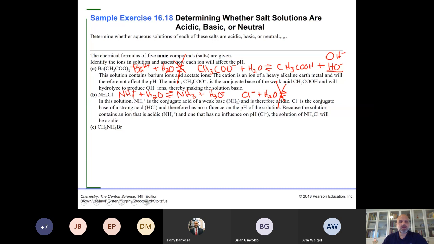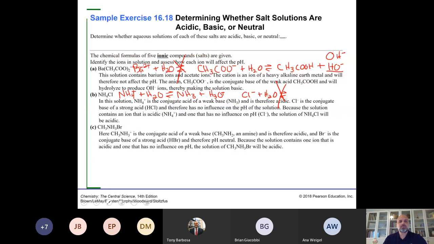All right, then we have methyl ammonium bromide. In this example, the CH3NH3 is a positively charged ion. Some of you are probably looking at this and trying to remember where this came from.